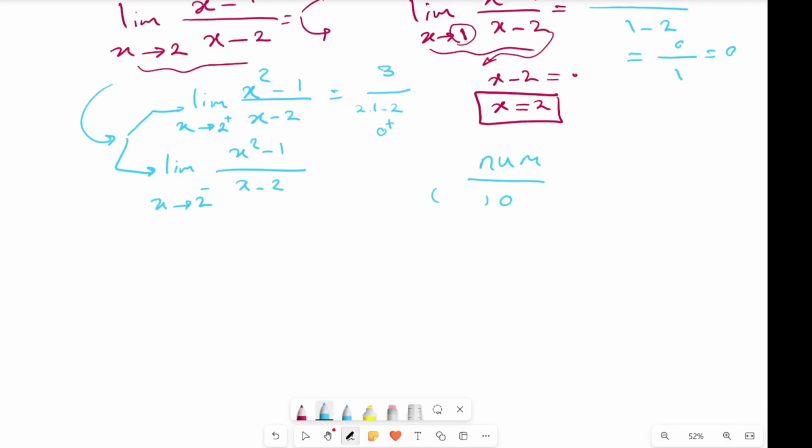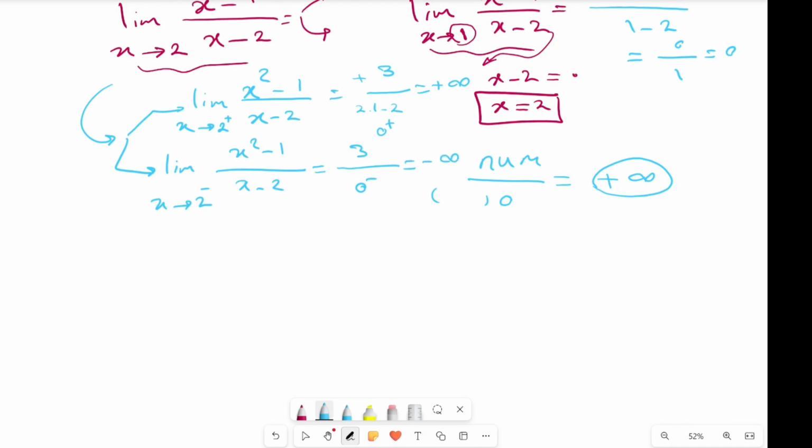This 0 is not exactly 0, it's near 0, okay? Therefore, a number divided by 0 is positive, because positive divided by positive is positive, and that part is positive infinity, and then in the bottom it is negative 0 and 3 and is minus infinity.